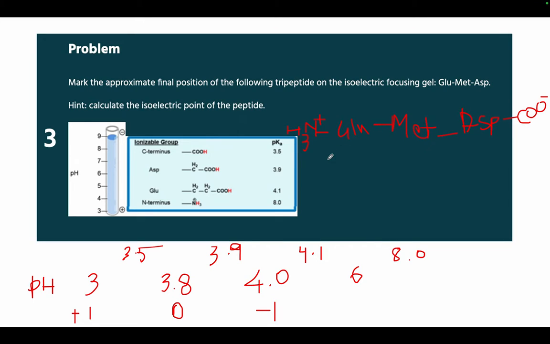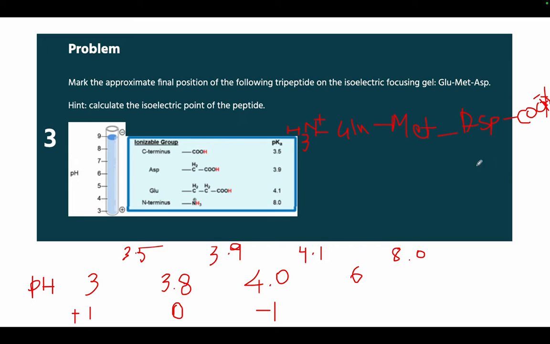So this is how you'll be familiar with it at pH 7. Whenever we draw the structure of an amino acid, you must have seen this written as NH3 plus and COO minus. But that does not mean that this is the charge they will have at all pH. What this table is telling us is the pH at which this group will be ionized. So this will actually exist as COOH, and once the pH goes above 3.5, we will lose this hydrogen and it will become COO minus.